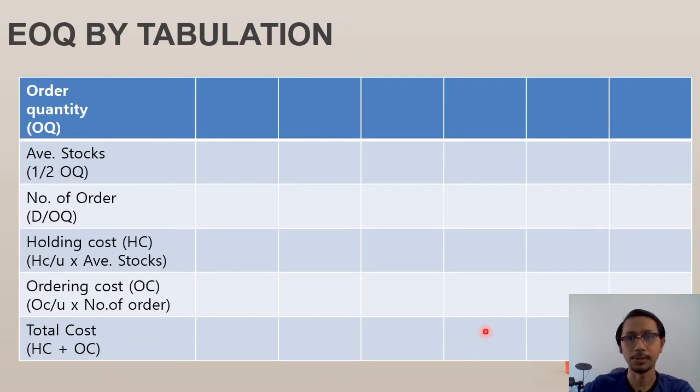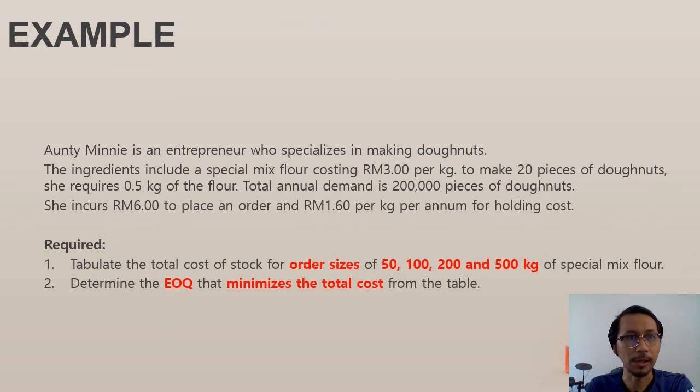Now let's look at the calculation and some examples. Okay, now let's look at the example here. Aunty Mini is an entrepreneur who specializes in making donuts. The ingredients include a special mixed flour costing 3 ringgit per kg. To make 20 pieces of donuts, she requires 0.5 kg of the flour.